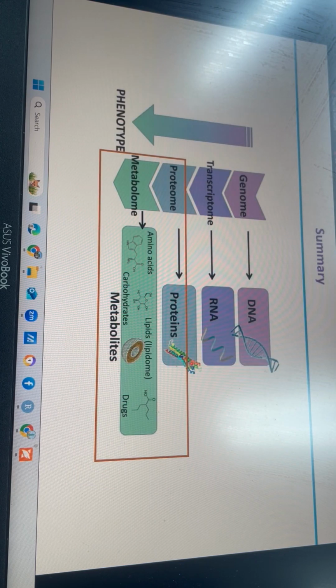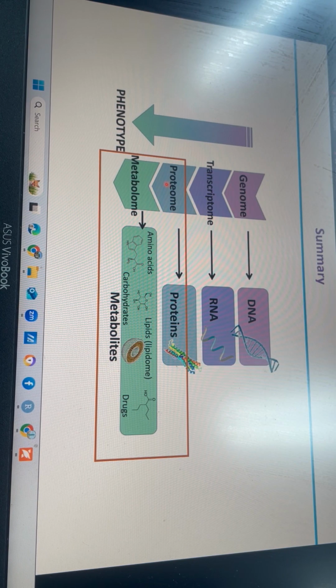As I mentioned, we have the genome, so all the information in the DNA. Although our training will not cover genomics, and then we have the transcriptome, so all the RNA. But our focus is the proteome. So the proteome is all the proteins present in a cell or in an organism.